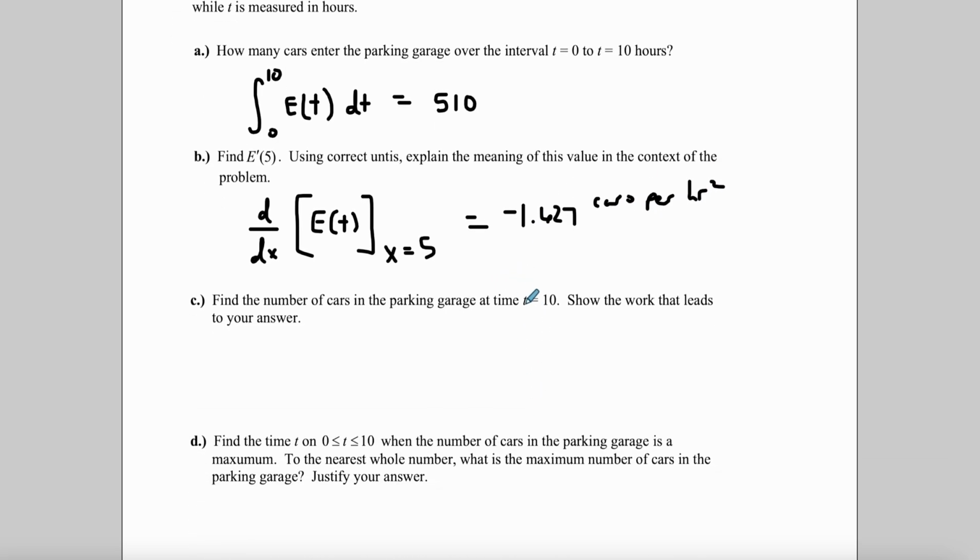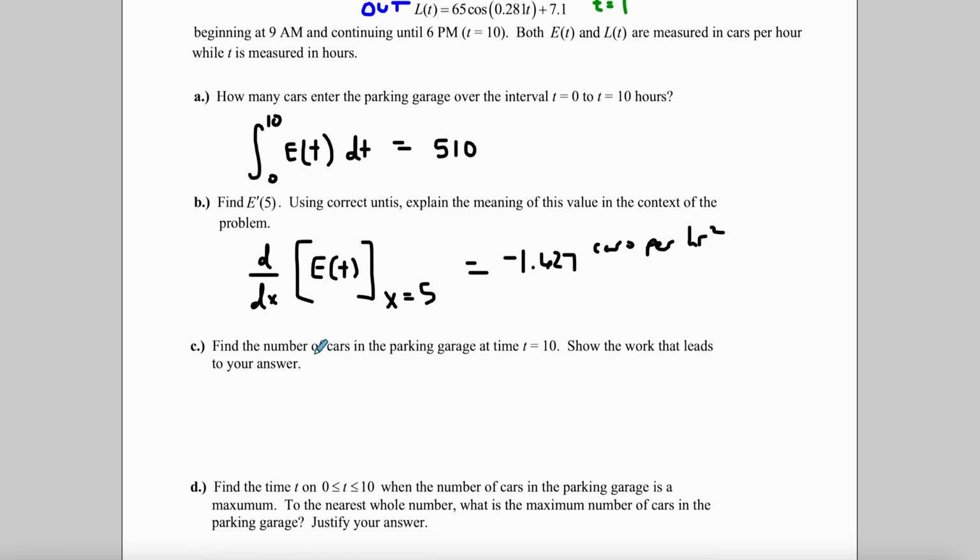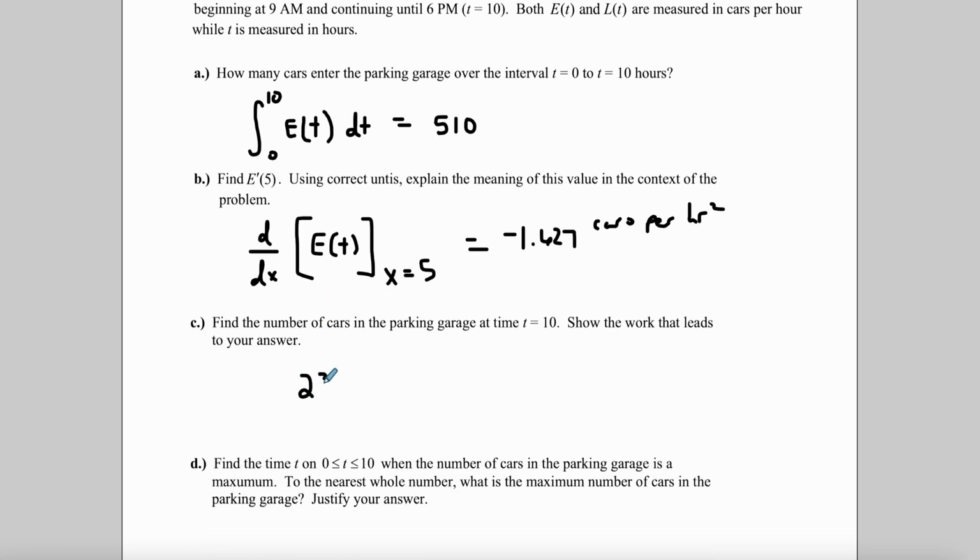The number of cars in the garage at t equals 10 is going to be a 3-part setup. So we're going to go ahead and just take the 230 cars and we're going to add that to the number of cars that entered the garage for the first 10 hours. Now we already did this, but let's just show our work. That's 510, and then we're going to subtract, here's where it's a little different than the last problem, 1 to 10 of L of t.